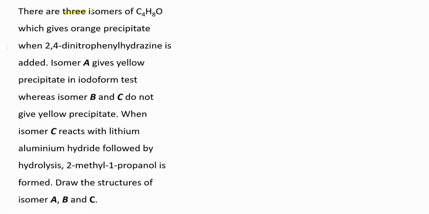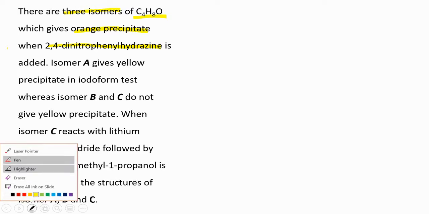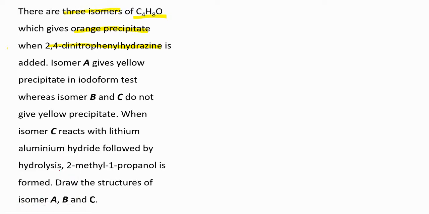There are 3 isomers of C4H8O, which give orange precipitate when 2,4-dinitrophenylhydrazine is added. So let us start.